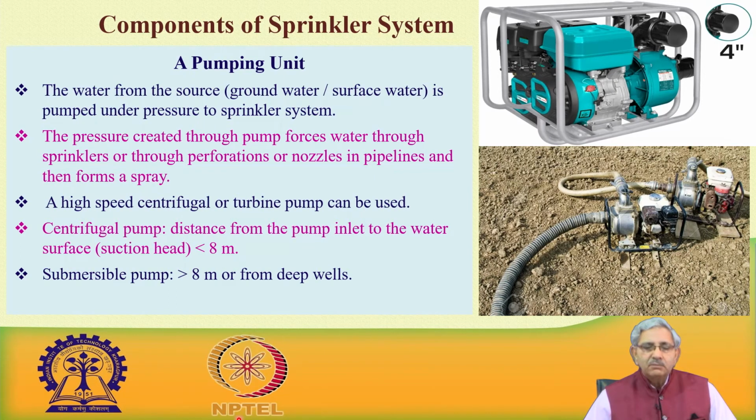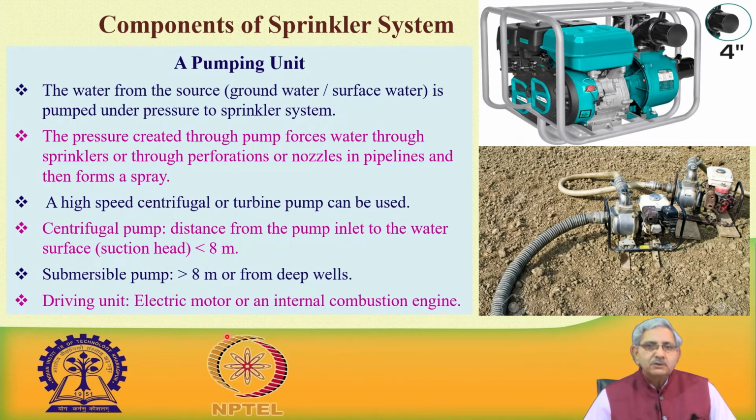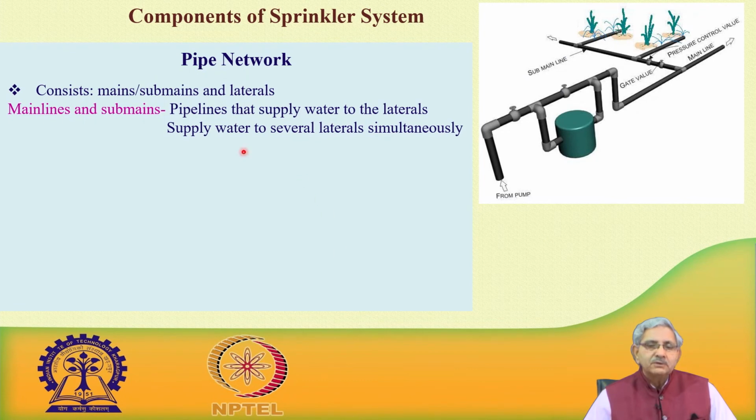So, these are some of the guidelines. In fact, when I was taking class, you can see how the position of the pump can be shifted when deep water is there, submersible pump or centrifugal pump, that I have already explained. These pumps can be driven by using an electric motor or an internal combustion engine, IC engines.